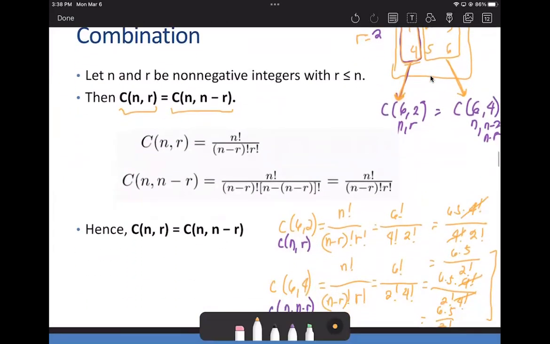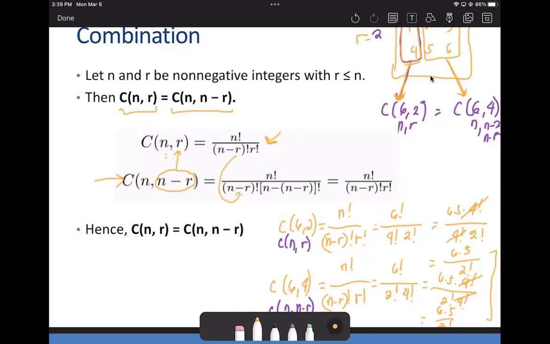And it's also proven mathematically. So if we have a formula here of the combination of n taken r, which you already know is equal to n factorial over n minus r factorial times r factorial. Yung dito naman is n minus r. So we are simply going to replace r with n minus r. So n minus r instead ng r.